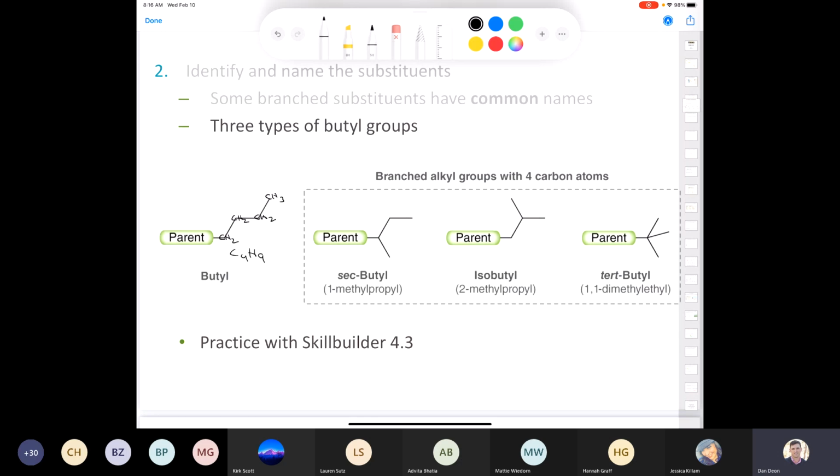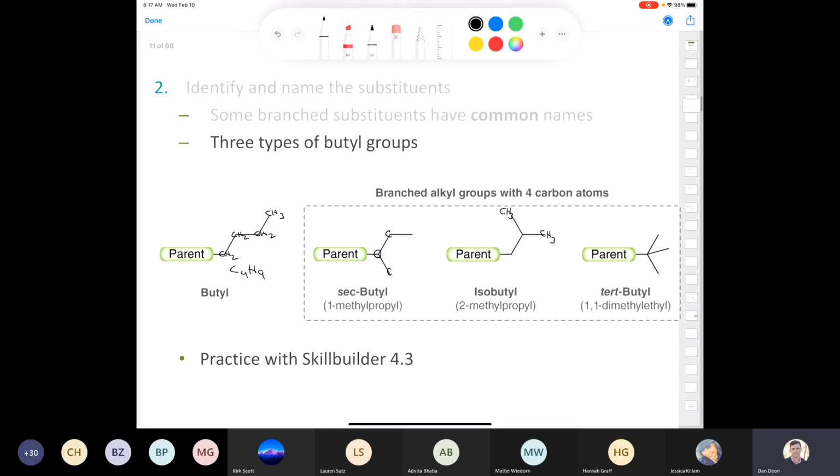You can have what's called a sec-butyl, an isobutyl, and a tert-butyl. You need to have all 4 of these memorized. The way that I memorize these is that the first carbon in the sec-butyl is a secondary, it's got 2 carbons attached to it. Anything that's an iso always ends off with 2 methyl groups at the end.